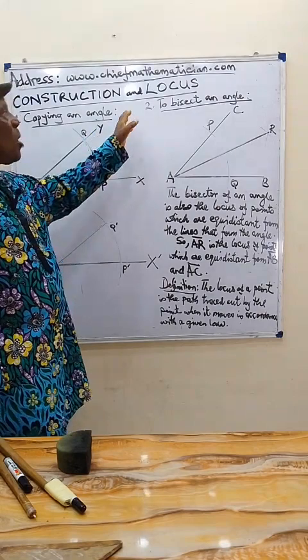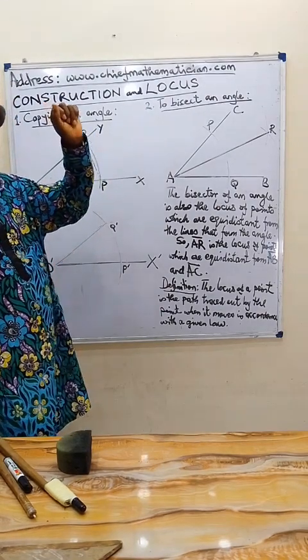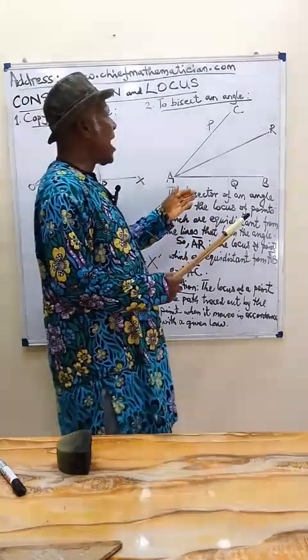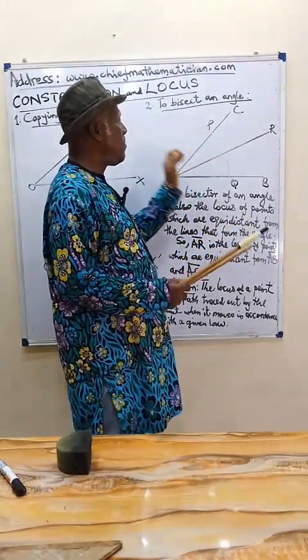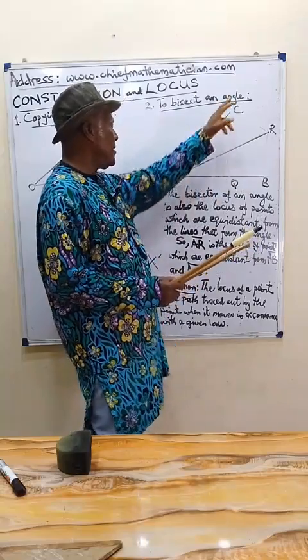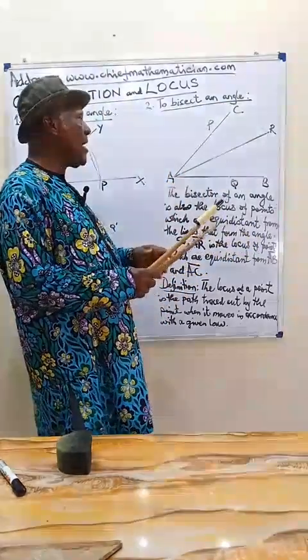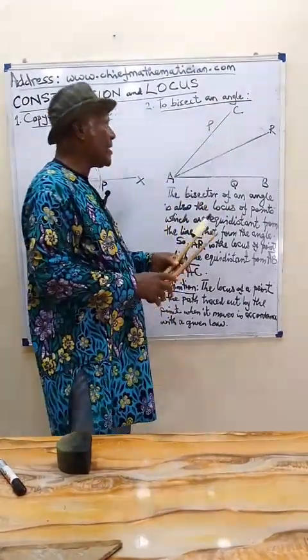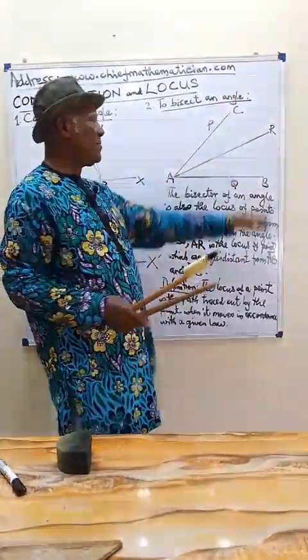Now, number two, to bisect an angle. To bisect an angle, we are given angle BAC. The angle is at A, angle CAB, if you like, angle CAB or BAC.